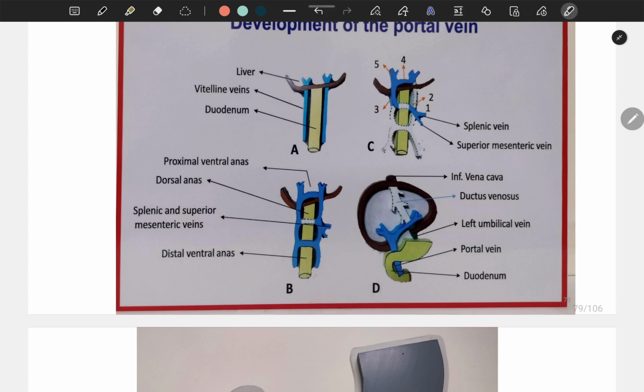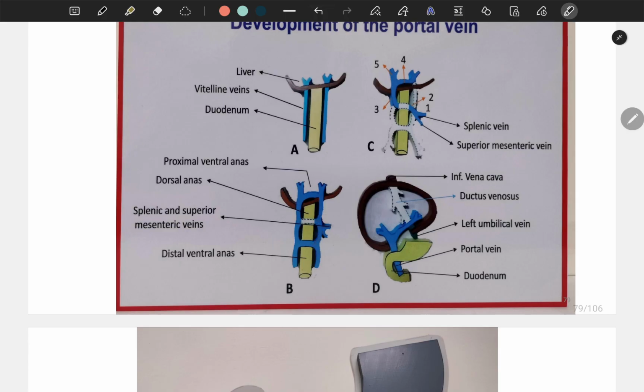Okay, now remaining is middle dorsal and cranial ventral, right? Now coming to superior mesenteric vein. See, this part here, there will be superior mesenteric vein coming, and this is what? Splenic vein joins to form the portal vein.